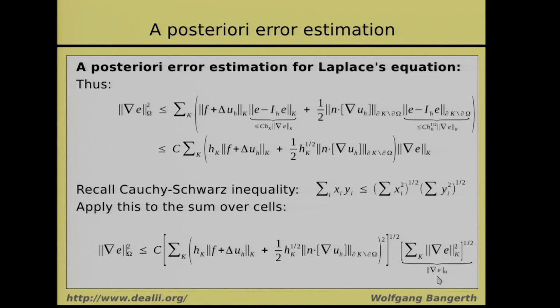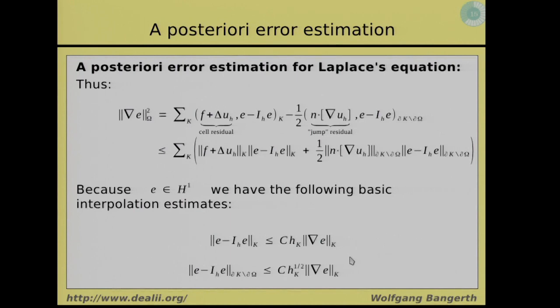Before I move on, one of the things that I should have pointed out in the previous slide: in this interpolation estimate there is a constant C here that has something to do with the polynomial degree of my finite element, for example, and with the shape of the cells, and so on and so forth. I can quantify this, so I can typically compute upper bounds for this constant.